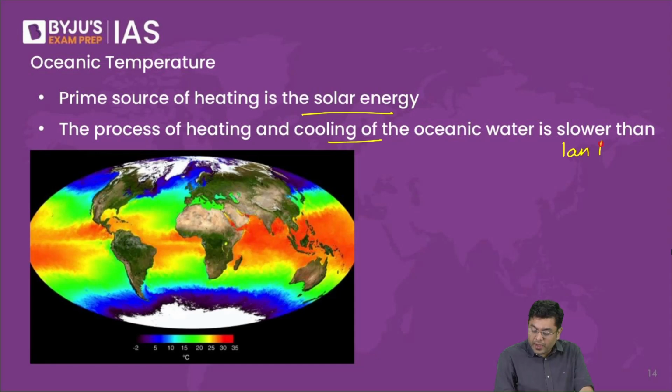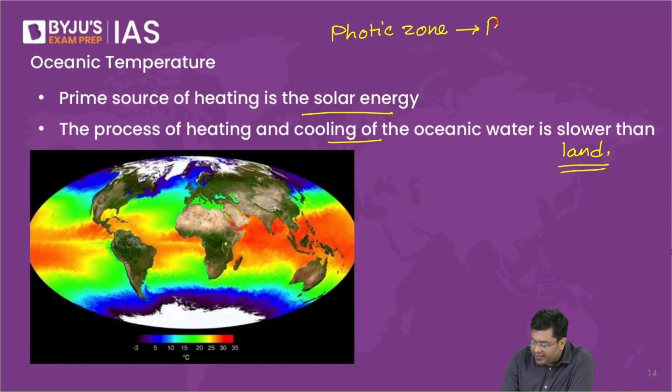And beyond that depth where the sunlight is not available at all is what is referred to as the aphotic zone. So that is where the concept of photic and aphotic comes into the picture. So here, the prime source of heating is the solar energy. The process of heating and cooling of the oceanic water is slower than that of the land.